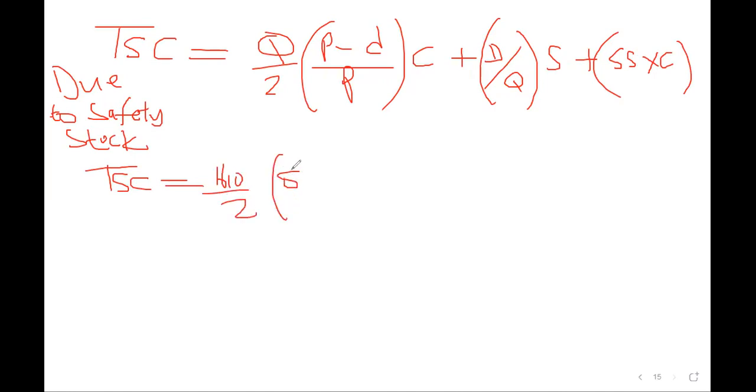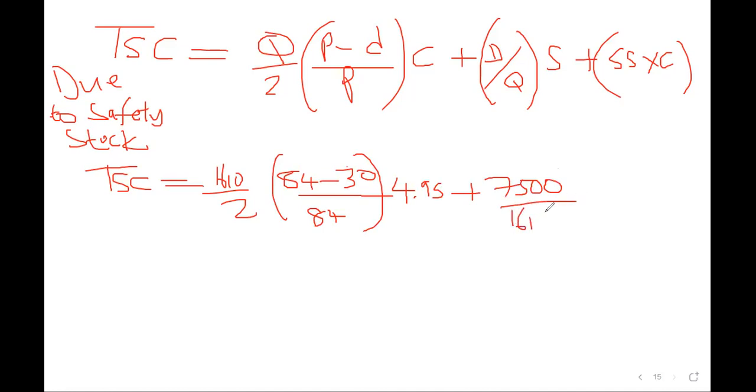Then P is 84 minus 30 over P, which is 84. Then on carrying cost, ordering cost 4.95. This one is coming from somewhere where we found. Then 75 over 1610 on our S is 550. Then plus safety stock we found as 59.25.